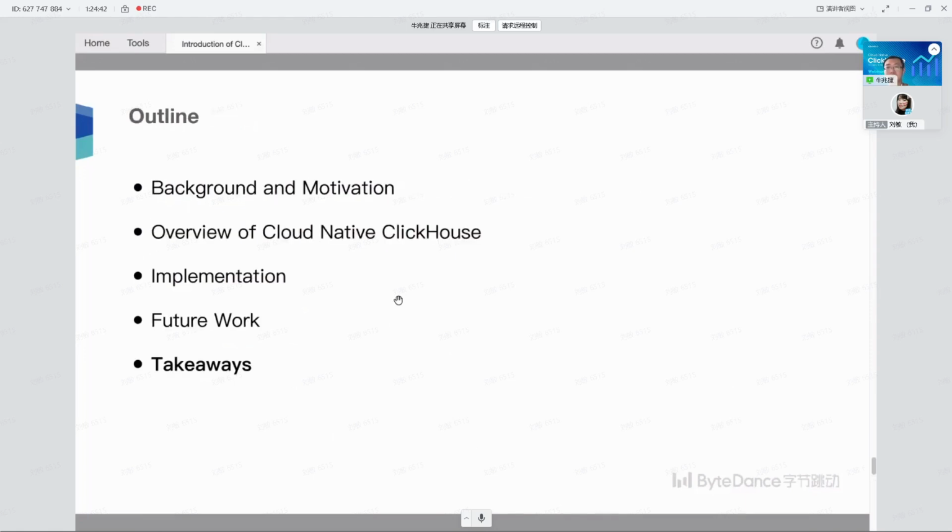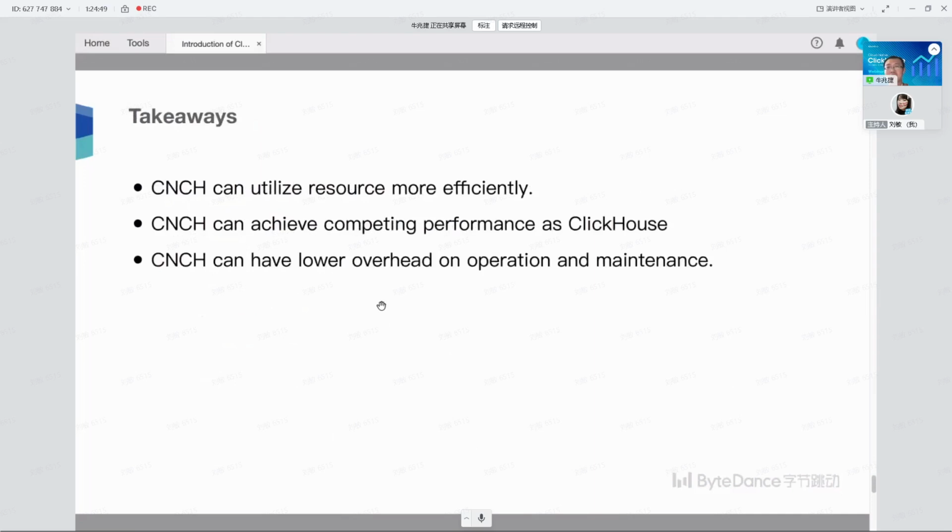Let's conclude our presentation today. I think there are three takeaways. First, because CNCH utilizes a new architecture, the disaggregated computing and storage architecture, it can utilize resources more efficiently.